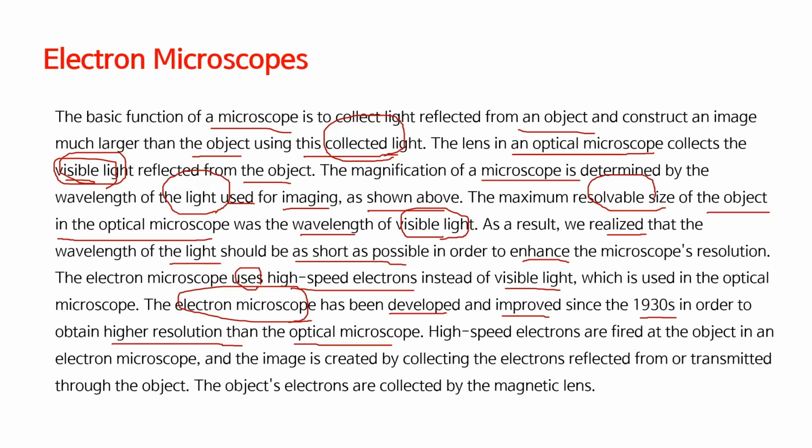High-speed electrons are fired at the objects in an electron microscope, and the image is created by collecting the electrons refracted from or transmitted through the object. The object's electrons are collected by the magnetic lens.